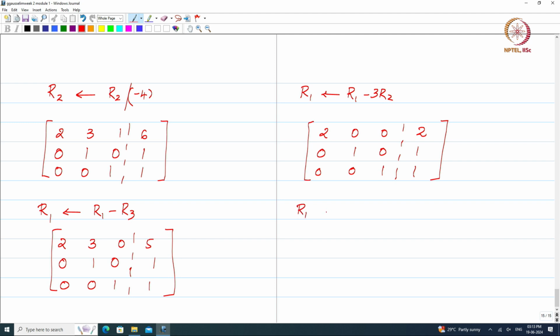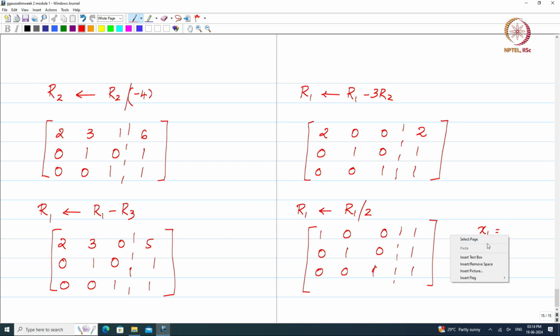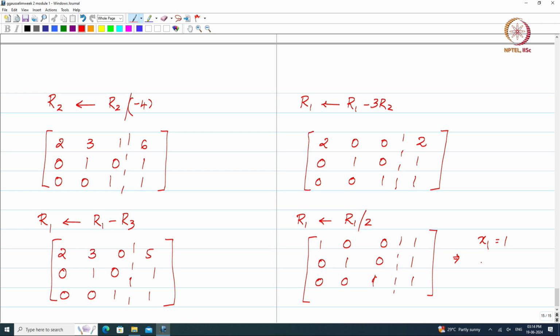Now divide row 1 by 2, then the matrix will be 1 0 0 1, 0 1 0 1, 0 0 1 1. So finally, this is the reduced row echelon form of A, where you can see the variables x1, x2, x3 are equal to 1, 1, 1.